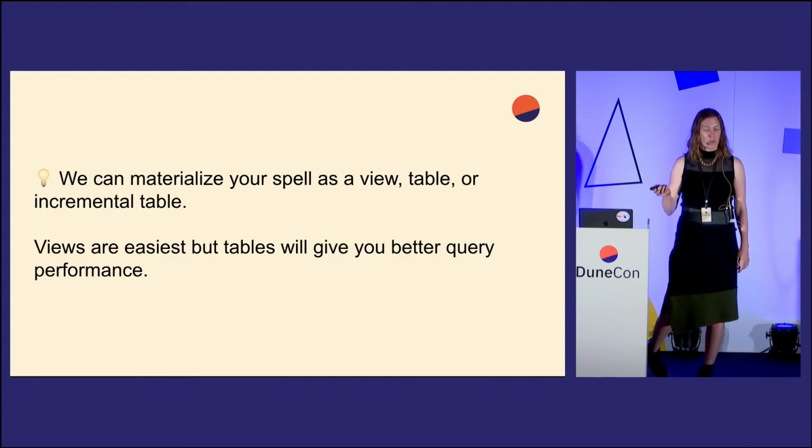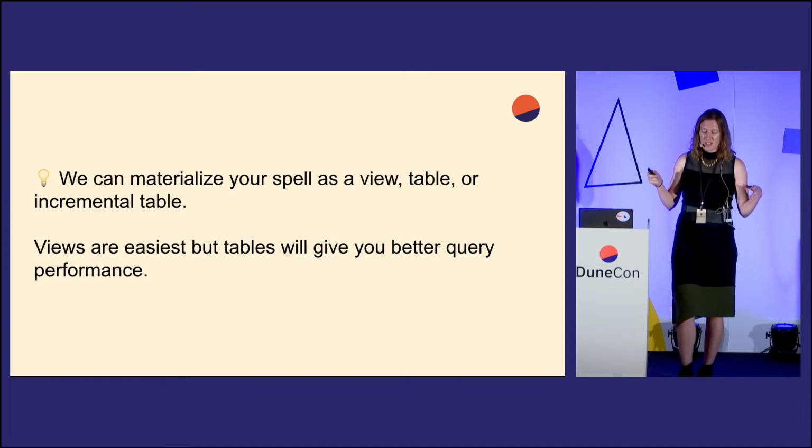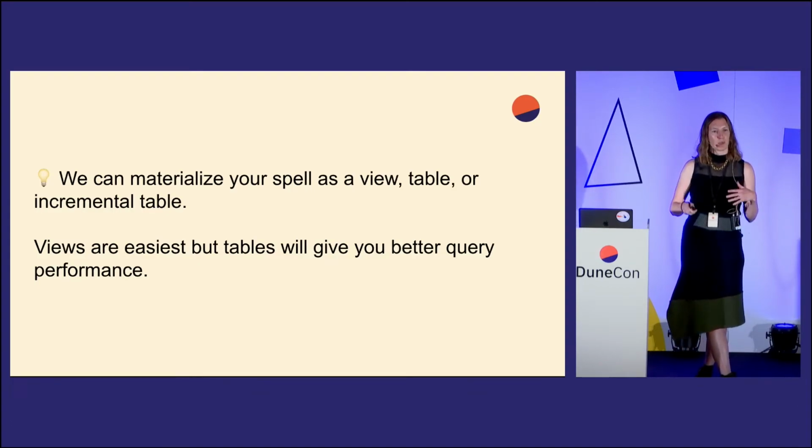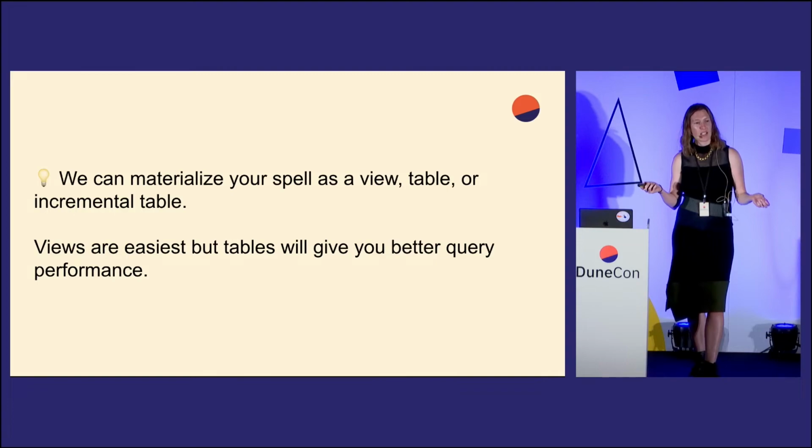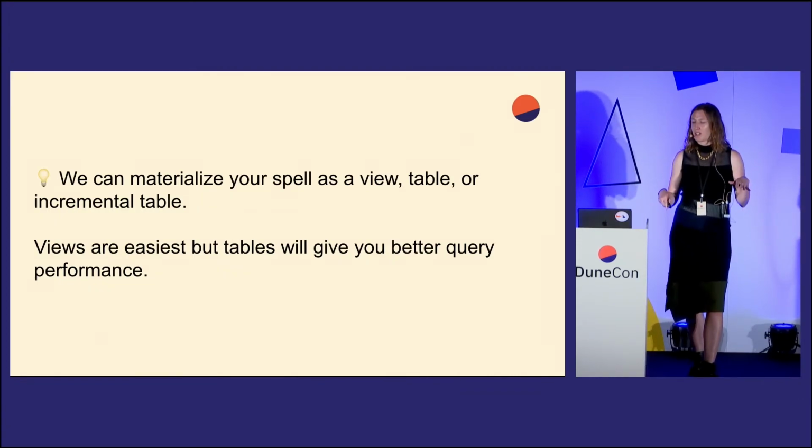If you want to make it incremental, it would say incremental, and there'd be a few more Jinja blocks throughout the SQL query, but it's a little more complicated, so I won't get into that today. Generally speaking, best practice is to always try to build a view first, because then you're guaranteed to have up-to-date data. There's no lag between updating your table or materializing it anywhere. So always start with a view, but if we need better performance, we can work with you to create tables or incremental tables.